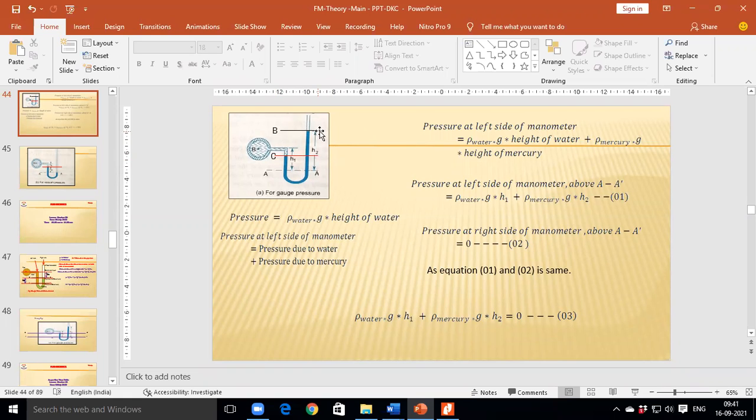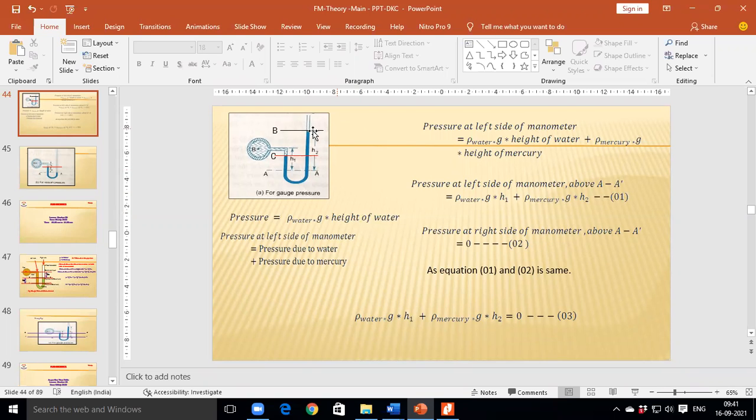Line B, is it passing through the lower level of mercury as far as this U-tube is concerned? No, sir. So there is only one line passing through the lower level of mercury, and that is line C. So line C is the datum line.